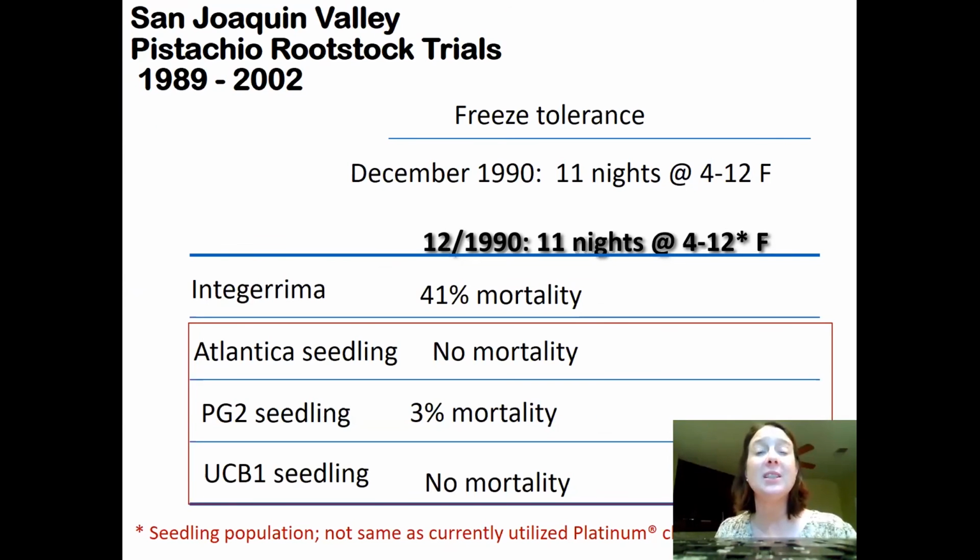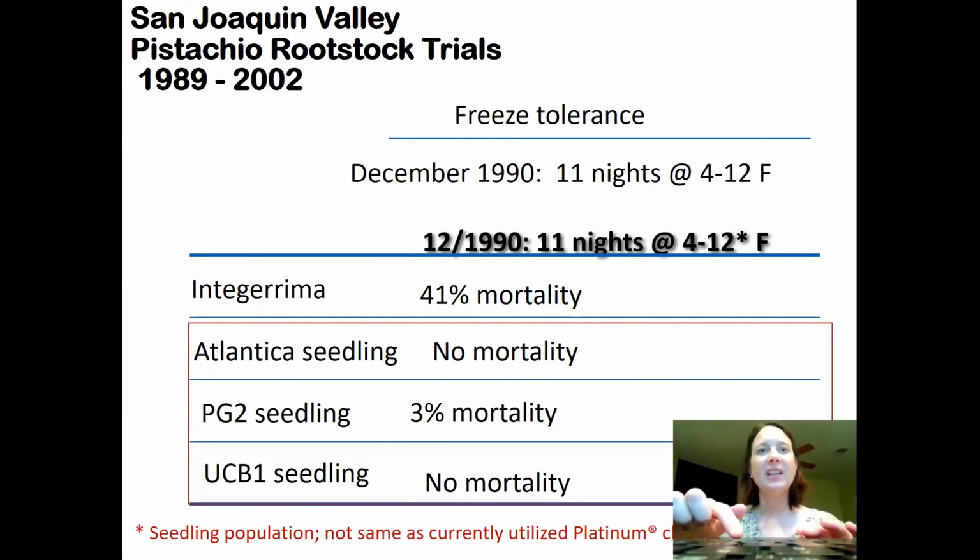For example, in December of 1990, there were 11 nights that were extremely cold, between 4 and 12 degrees Fahrenheit. So researchers that conducted these studies were able to look at how these rootstocks performed under these cold conditions.